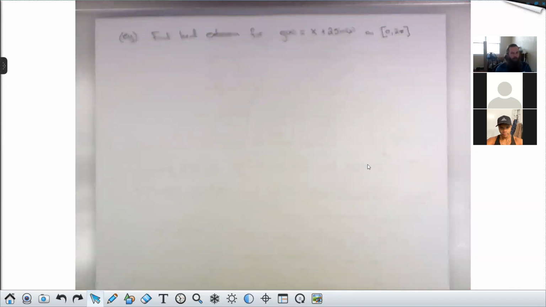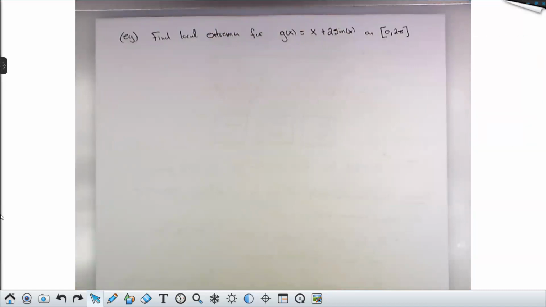That's fine, we can do that. We should begin by taking our derivative. We need to find g prime and then build a number line for g prime. That will tell us where g is increasing and decreasing. And so we'll be able to say whether our critical numbers are local mins, local maxes, or neither.